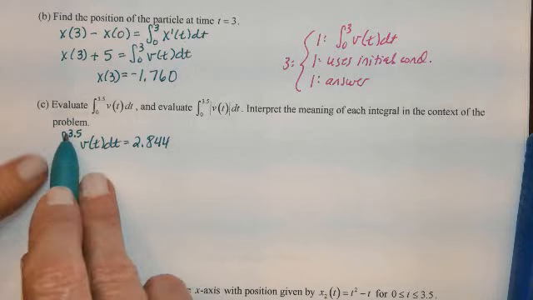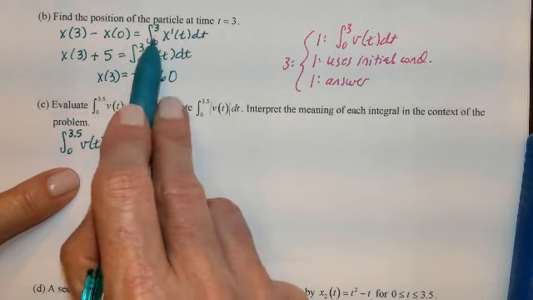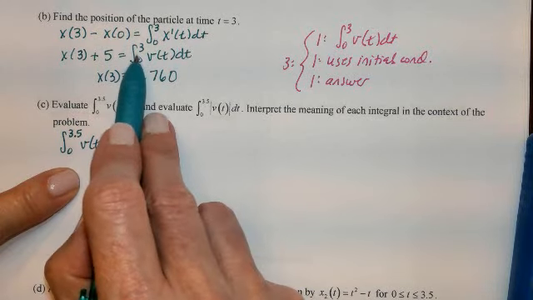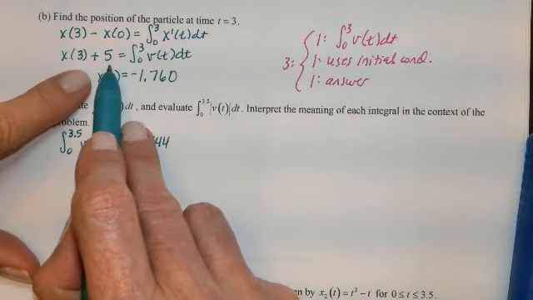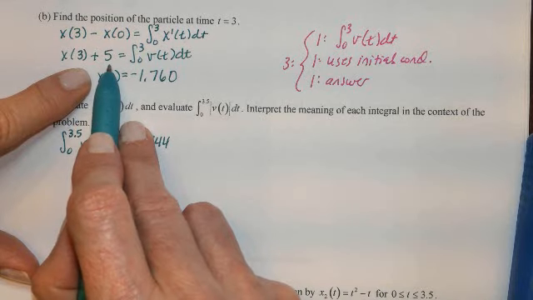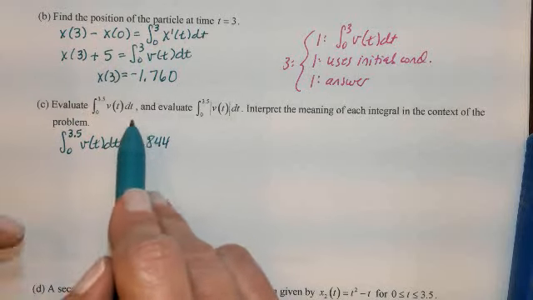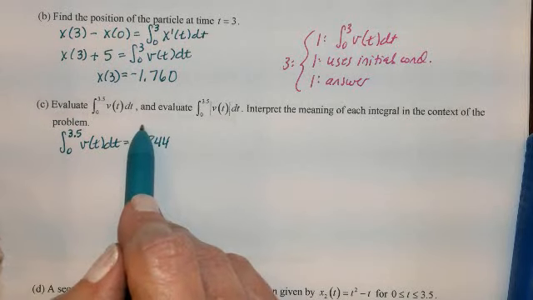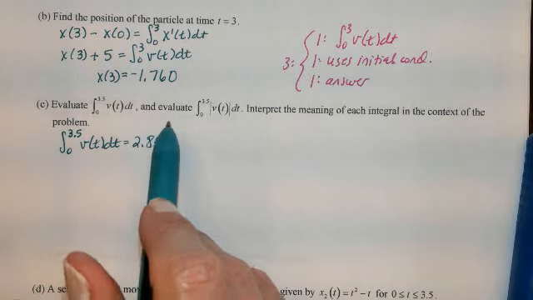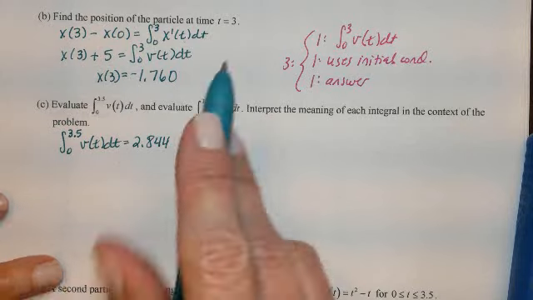So remember that this is the integral of velocity, which was what we did right up here. Integral of velocity is the change in position, right? It's the change in position, which is also another word for displacement. So you can use change in position, or you can use the term displacement.